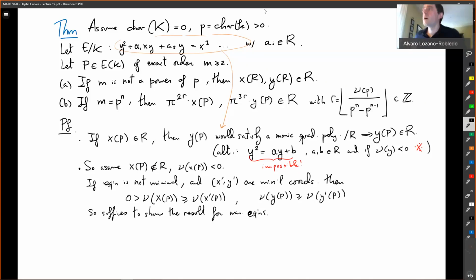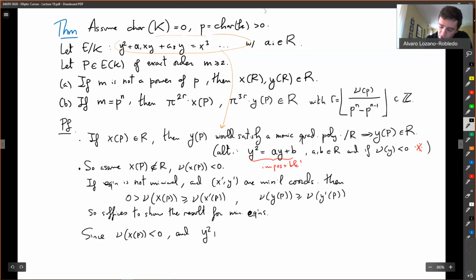Okay. And now the trick is that since the valuation of x is negative, we have an equation y squared plus a1xy plus a3y equals x cubed plus coefficients times x squared, and so on. This is a quadratic polynomial in x.